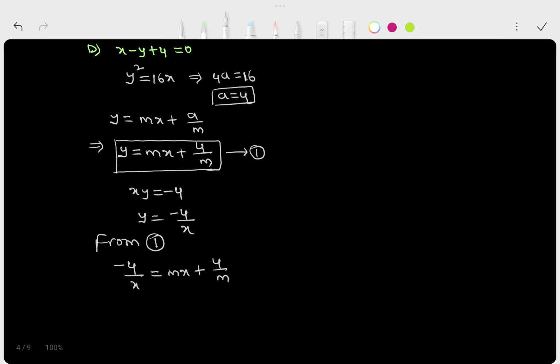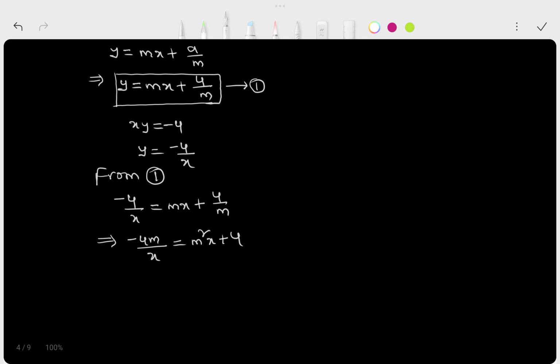Now you take the LCM, it becomes minus 4 into m by x is equal to m square into x plus 4. Now you cross multiply this value. If you cross multiply, you can write that minus 4 into m is equal to m square into x square plus 4 into x.